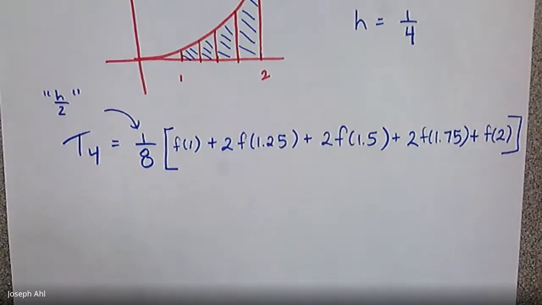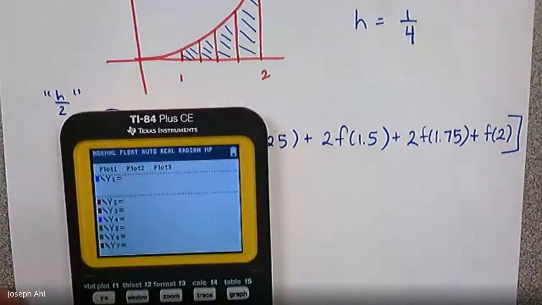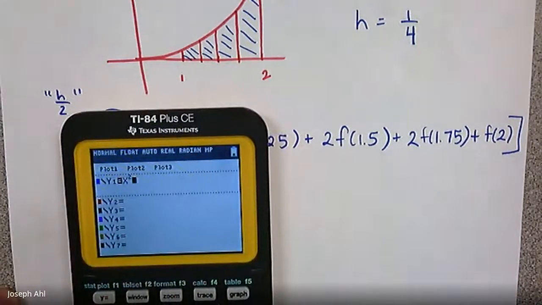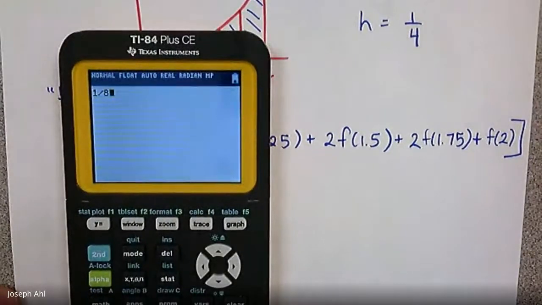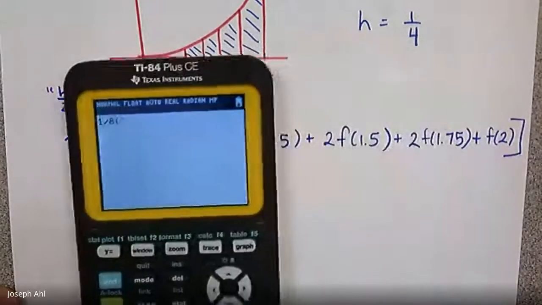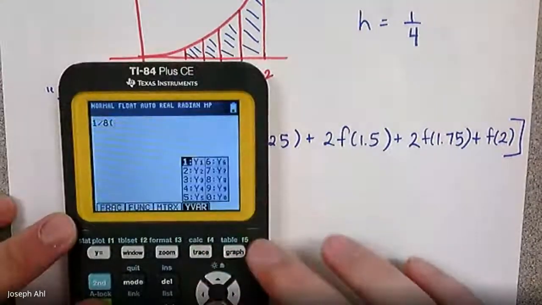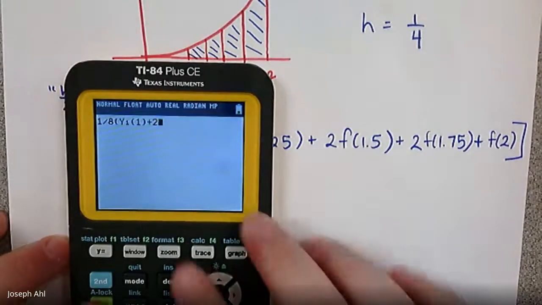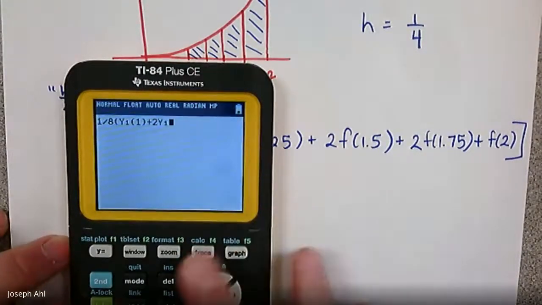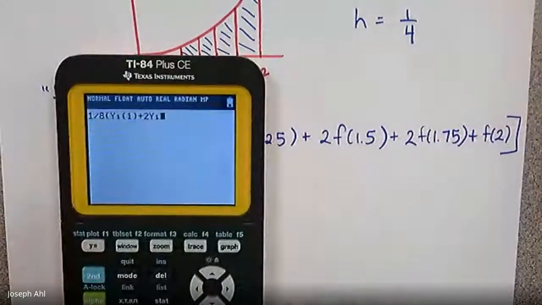So I guess if you want to type this all in at once, you can go to y equals, type in x squared. And then if you want to get fancy, go to the home screen and you can do 1/8 times. How do we do f of 1? You can do alpha trace and do y1 of 1. Plus, then we have 2 times y1 of 1.25.